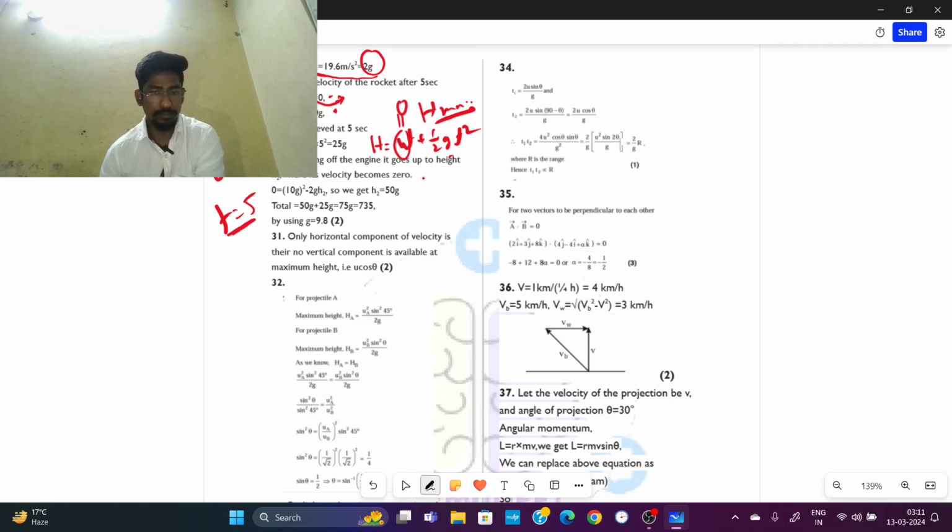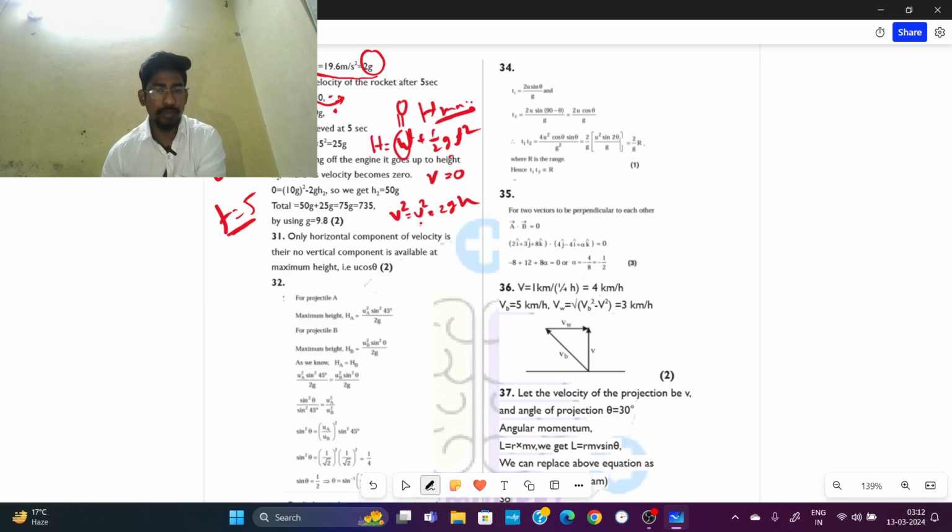On switching off the engine, it goes up to a further height h2, let us say, where the final velocity becomes 0. So we apply the formula v squared equals u square minus 2gh, with the minus because it is moving in the upward direction, not downward.